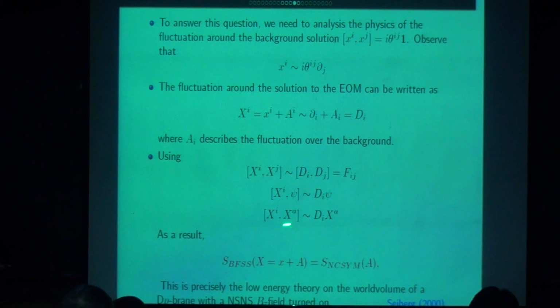But those two lines are not important. If you look at just the bosonic potential, then you get F squared, and the rest you supersymmetrize. So basically, BFSS, the M theory, on a solution of the non-commutative space gives you non-commutative Yang-Mills. Right? So we generate a physical system in this sense.